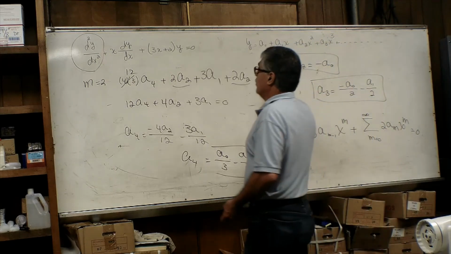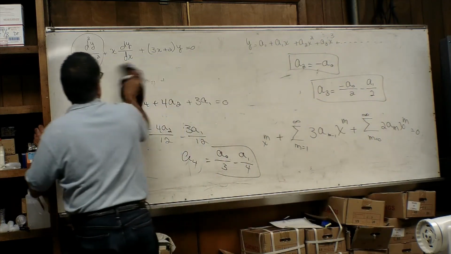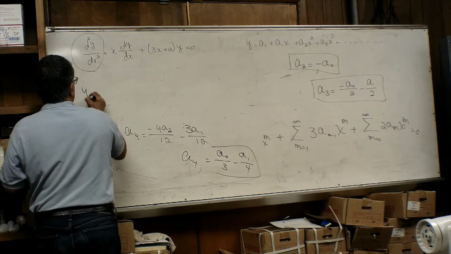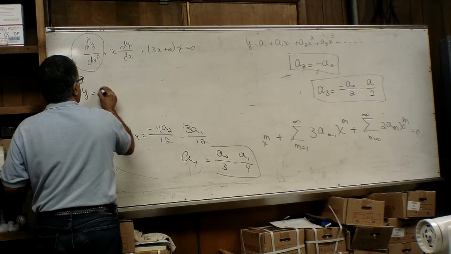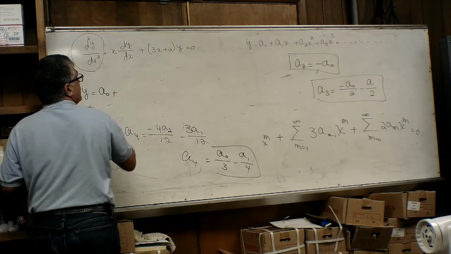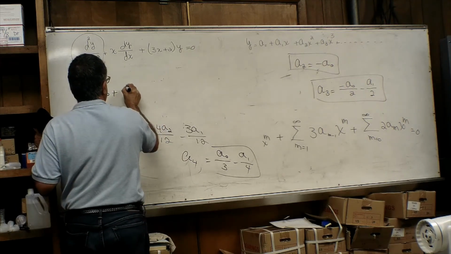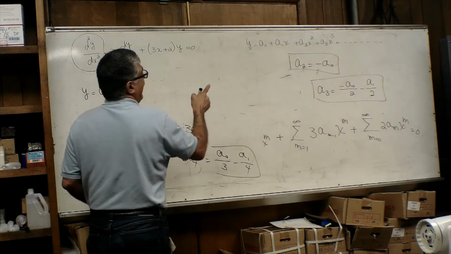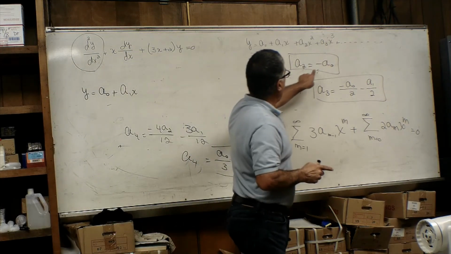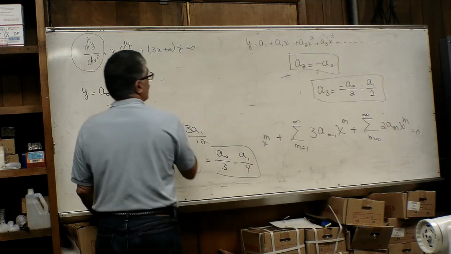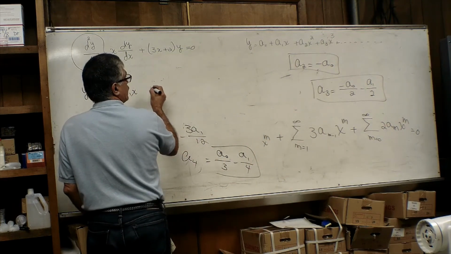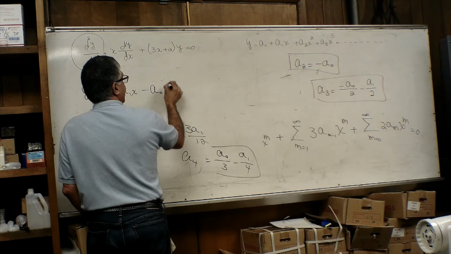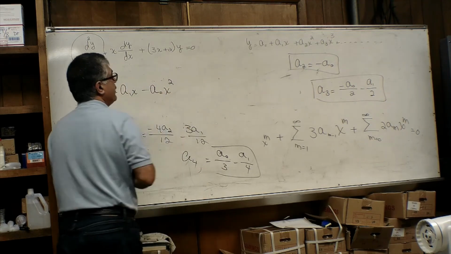So let's write that down. y is equal to A0 plus A1x plus A2x squared. Our A2 is minus A0, so it will be minus A0x squared.